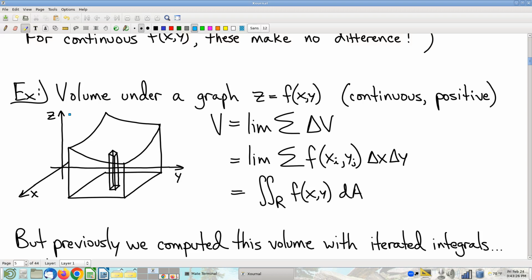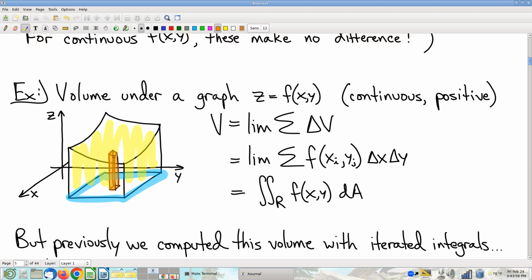So just as a starter example, though, if you wanted to compute this volume over a given rectangle, I argue that the whole is the sum of the parts. The whole volume, that is, I can think of as the sum of these little volumes. The grand total volume here is the sum of the volumes sitting over these little sub-rectangles.